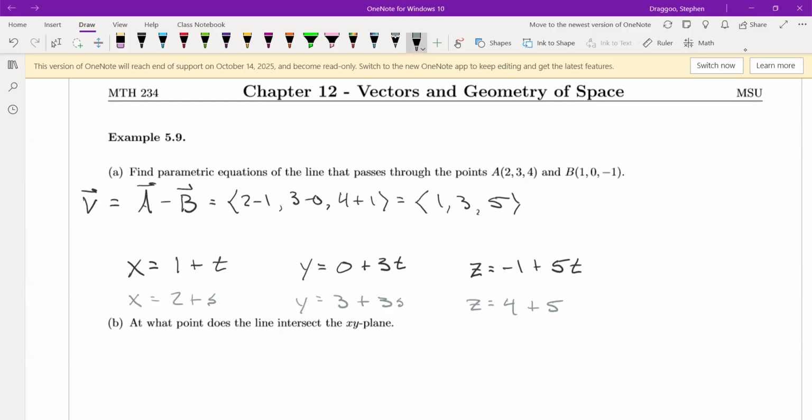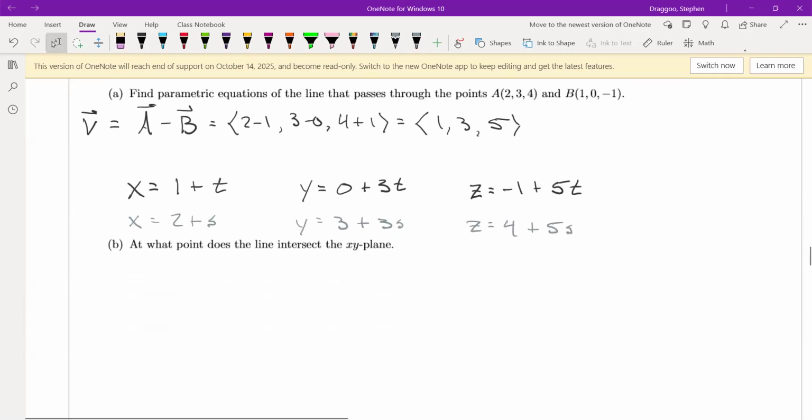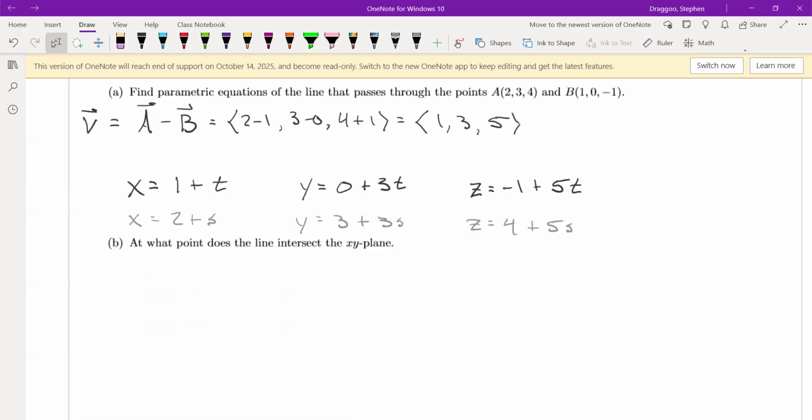Let's call it s, just so that it's a different parameter, emphasizing that they wouldn't be the same parameter exactly. Either one of those sets of parametric equations works for this line, right? I can initialize my line at either point. Really, any point on the line will work. But I'm going to use one of the ones that I was given because that'll be a lot less work. And I do want to be as lazy as possible. So I do it that way.